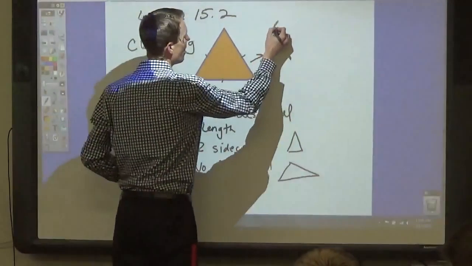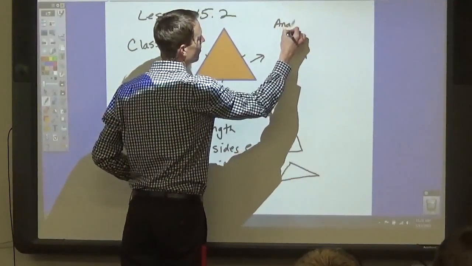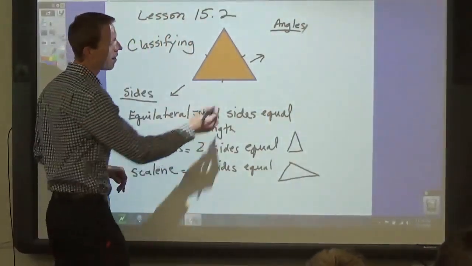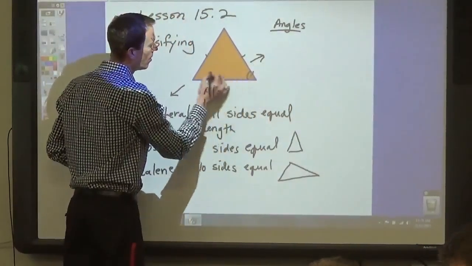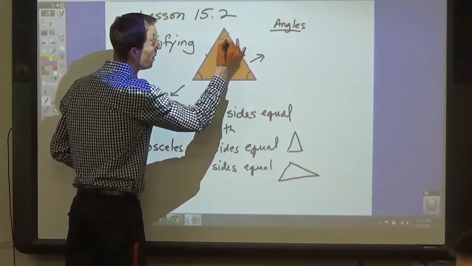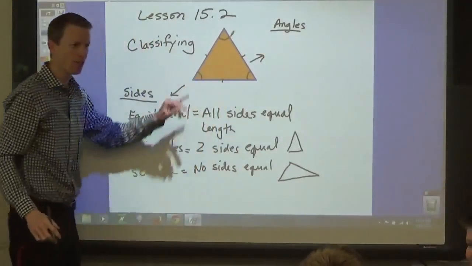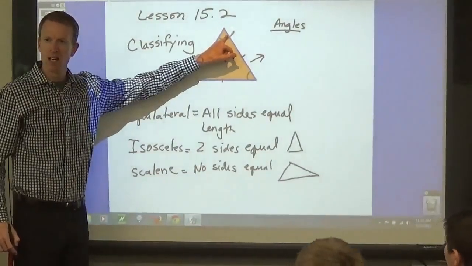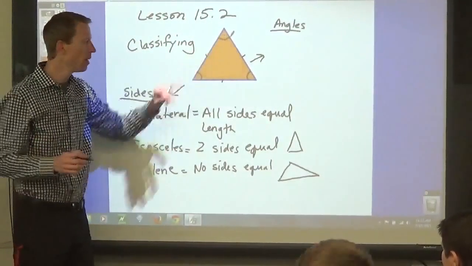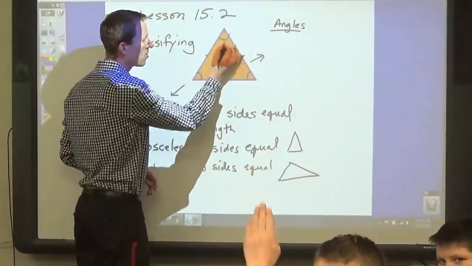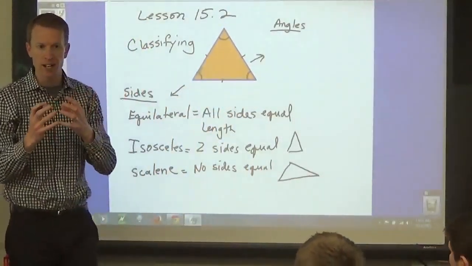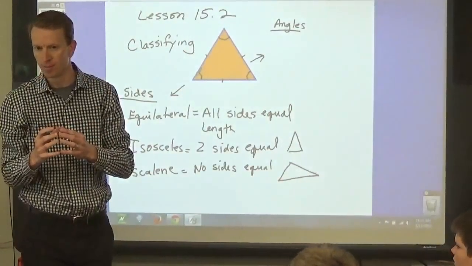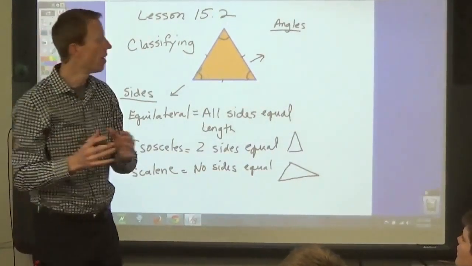Let's classify then according to the angles. Alright? So, if we're classifying according to the angles, we're classifying it based on these measures, the measure of the angular distance, it's called. We learned about this last week. All of the measures of the angles together in a triangle equal how many degrees? 180.